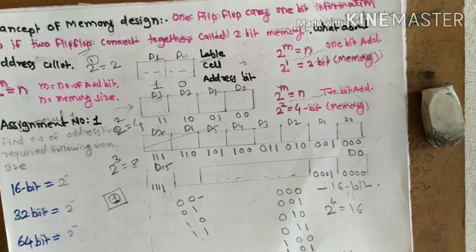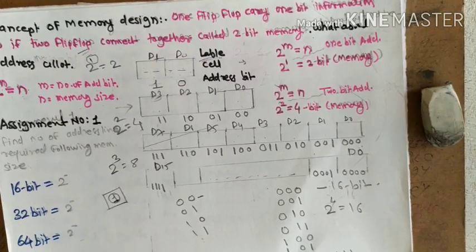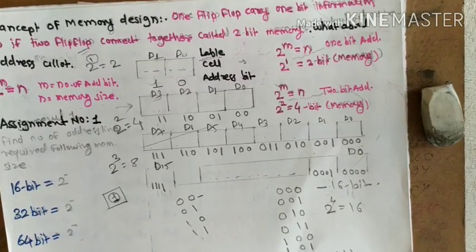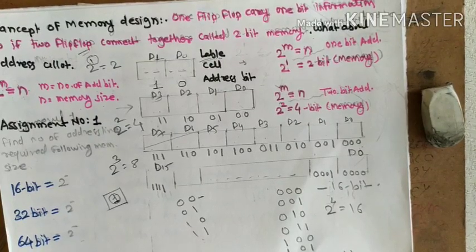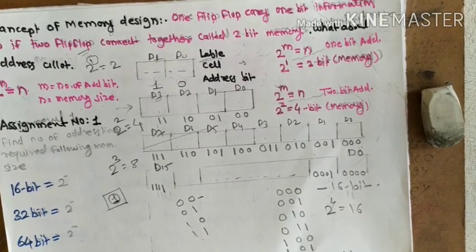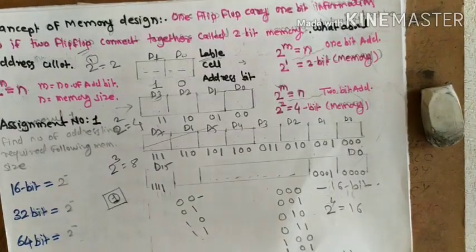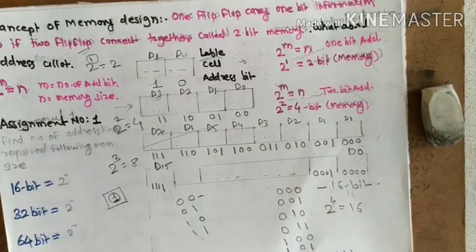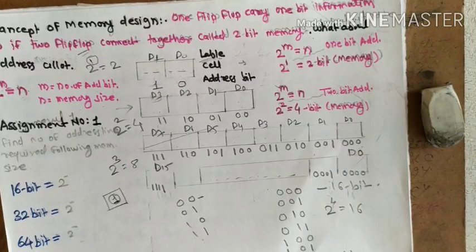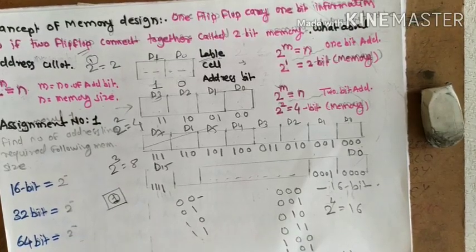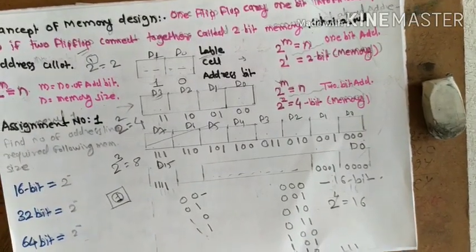You have to solve this on one single page and please WhatsApp me your assignment number 1 solution with that image. I will consider that you understand the concept of memory size and how to allocate the addressing of that memory. If you understand all these basic fundamentals, then we are going to start how to interface memory with 8051.